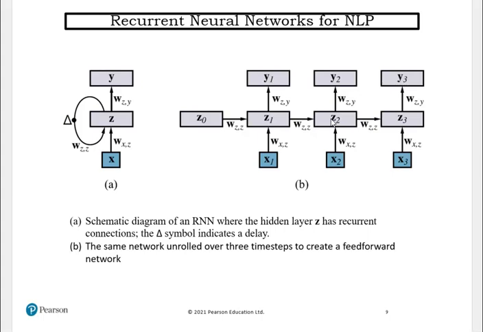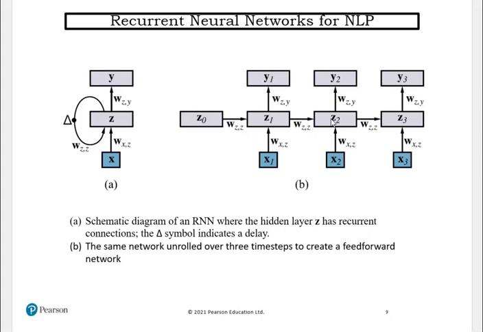So by computing the difference between the observed output, y1 hat, and the actual output we were targeting, which is the word "world" in that case, we can calculate the loss, and then we can do backpropagation through time to minimize that loss function.